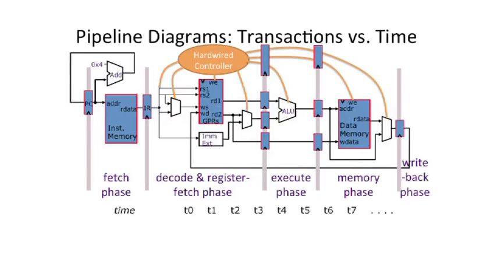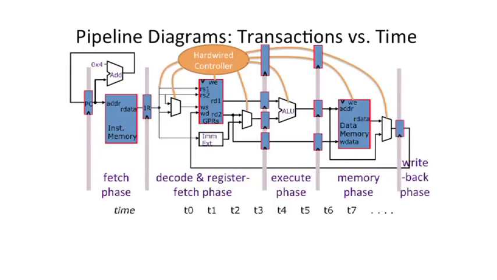So the first pipeline diagram we're going to use here will plot transactions or instructions versus time. So we're going to put time on the horizontal axis here. We have time t0 to t7, and it's increasing. And now we're going to have an instruction flowing down the pipeline.